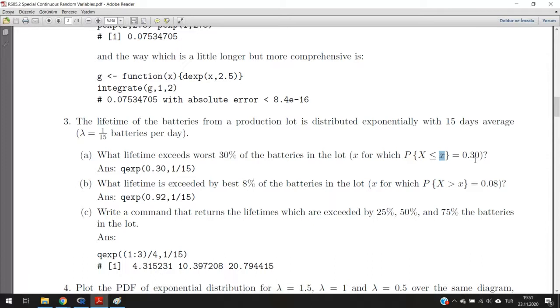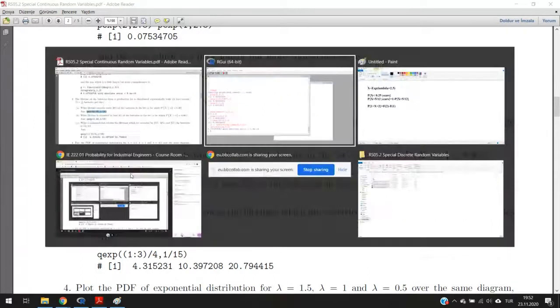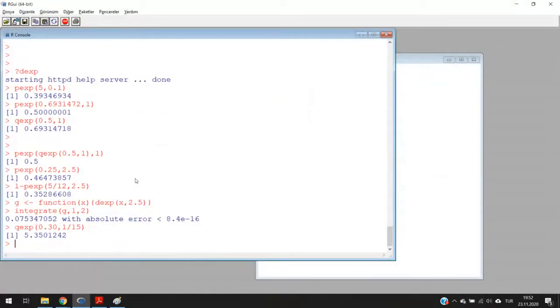And this is the inverse CDF question. Therefore, we need to use the QEXP function with the cumulative probability 0.30 and the rate parameter 1/15. So according to this question, 30% of the batteries will have a less lifetime than 5.35 days. 30% of the batteries will die out, will be exhausted in less than 5.35 days. The remaining 70% are going to exceed this lifetime.